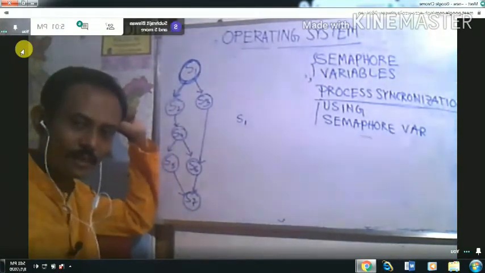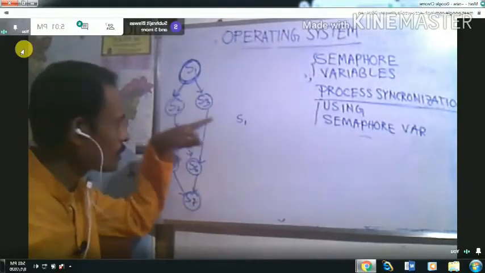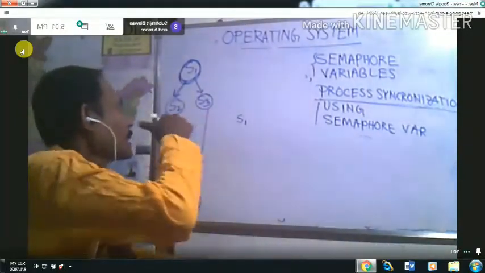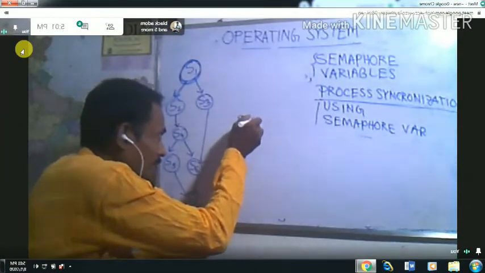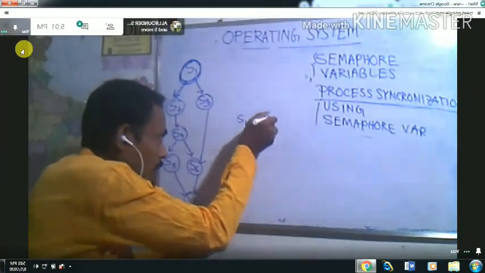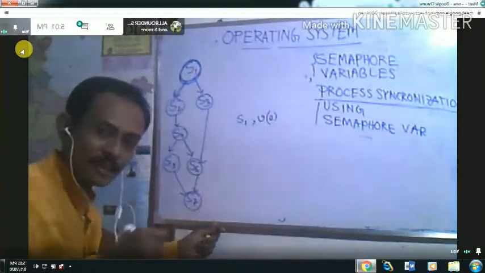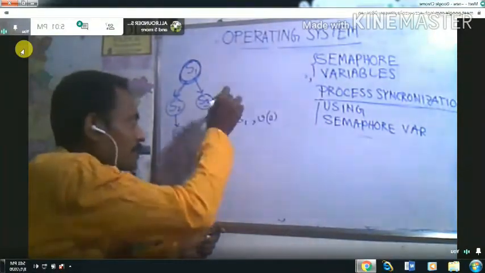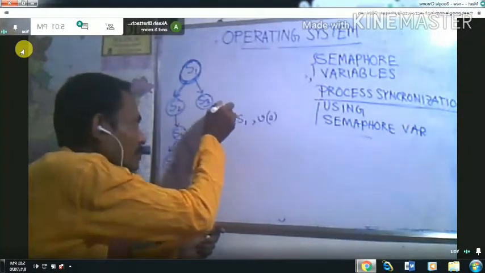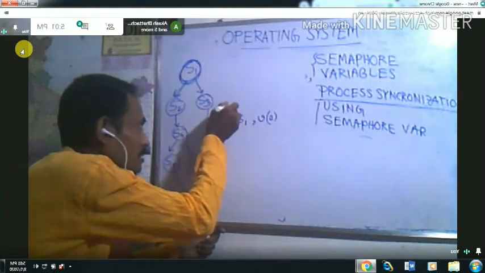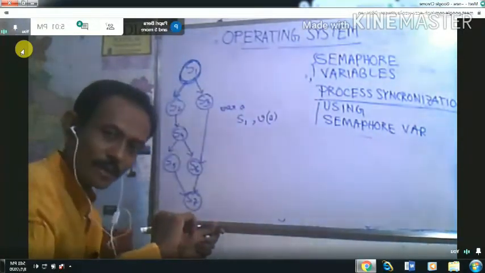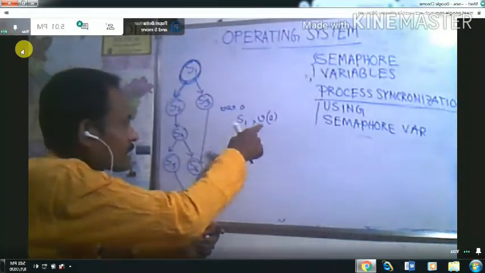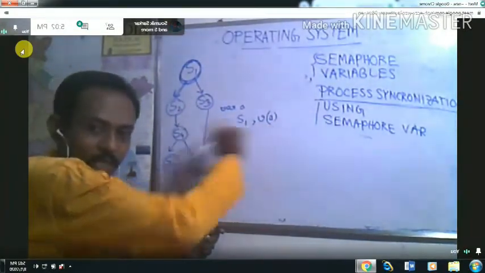So after this statement we call a V function, and here the semaphore variable is a. Suppose one semaphore variable is a, got it? So after this statement the V(a) function is called.